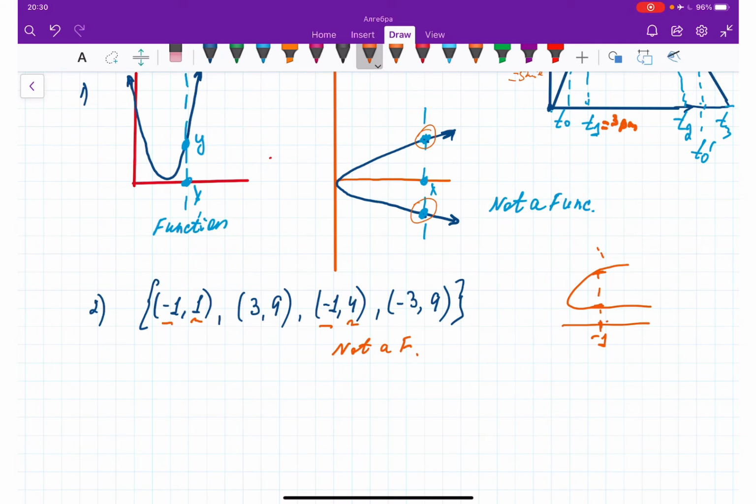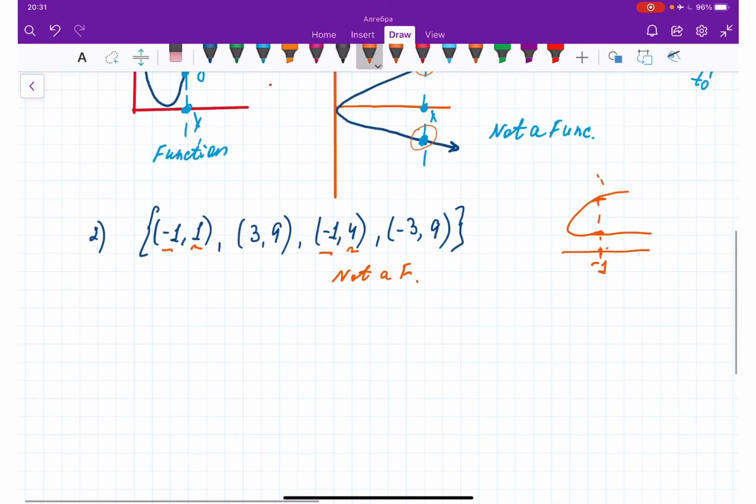Next, let's see. Next property I would like to talk about, of the quadratic function, is symmetry. Question number 3, symmetry.